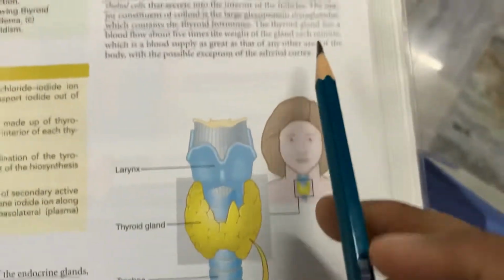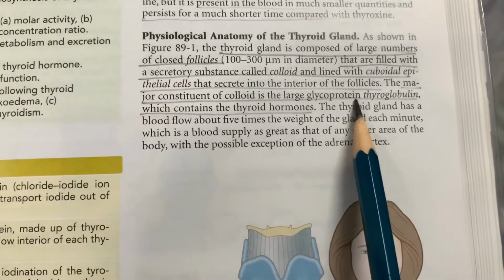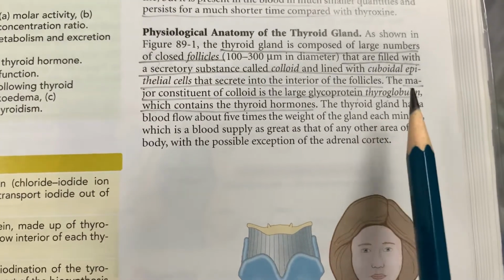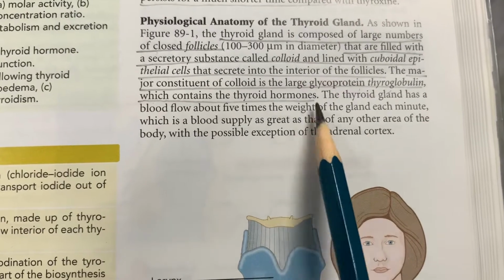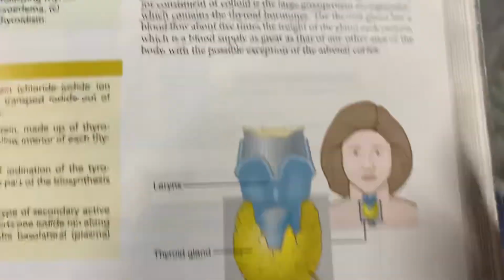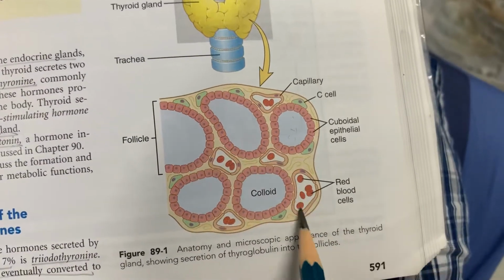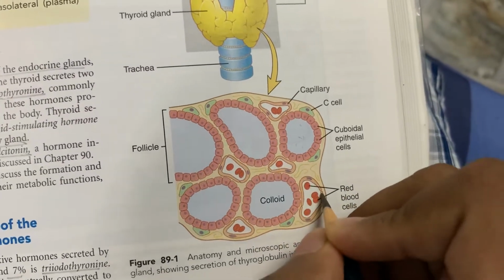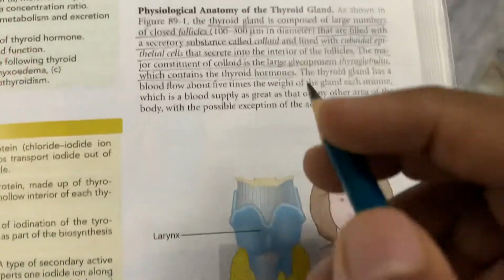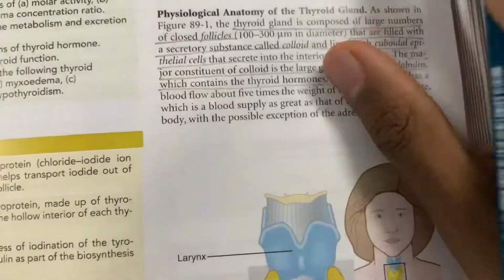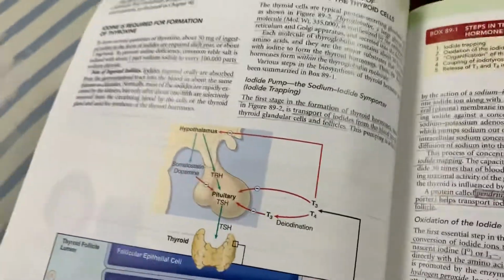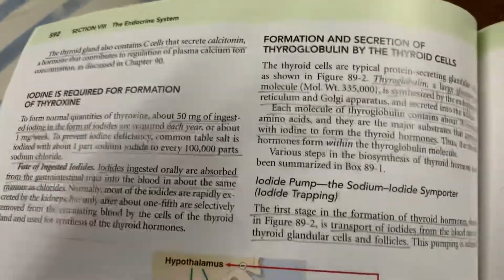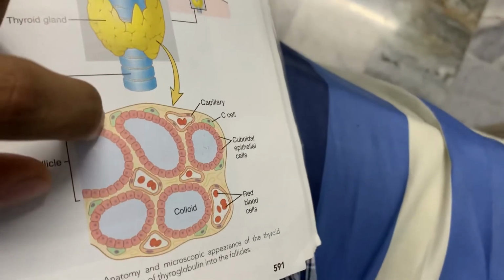Okay, and then the major constituent of this colloid is a large glycoprotein called thyroglobulin, which contains the thyroid hormones. Okay, and as you can see here, there are a lot of vascular elements. That is, you have a lot of vasculature here, the capillaries. So the thyroid gland is highly vascular.